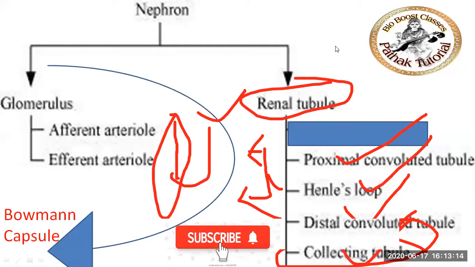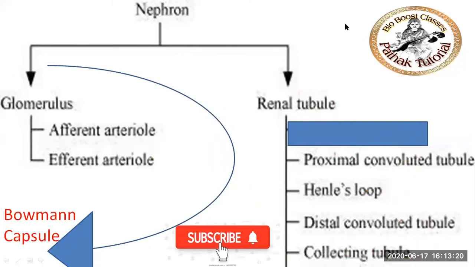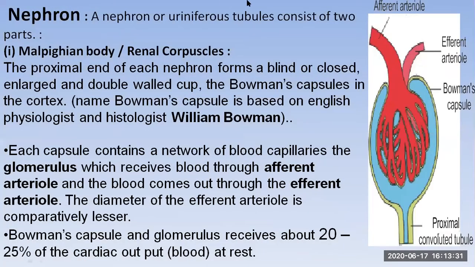Now we will see the detail about the nephron. We have already seen there are two different structures. First is the Malpighian body or renal capsule, and another is the renal tubule. Here they have given the detail about what I was telling.